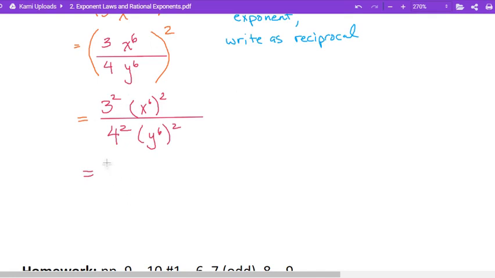And to finish off, to fully simplify means to get rid of all exponents possible. 3 squared, 9. 4 squared, 16. X to the power of 12. Y to the power of 12. In these type of questions, we make a lot of silly mistakes, so it's important to practice.